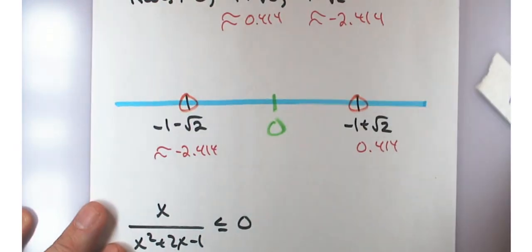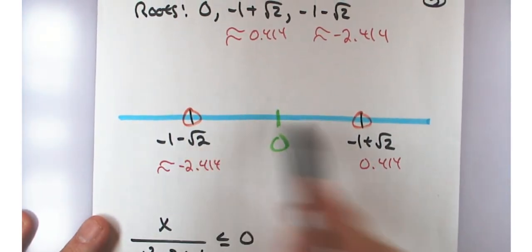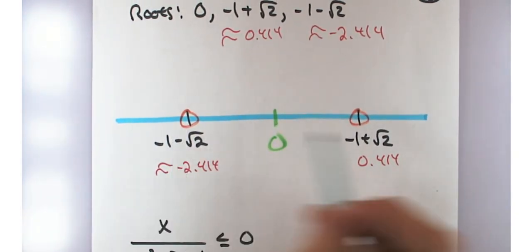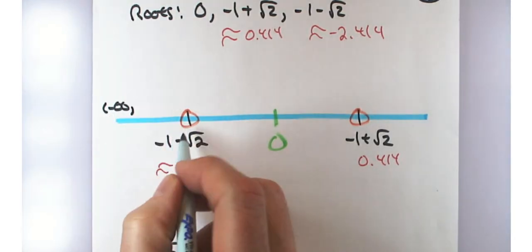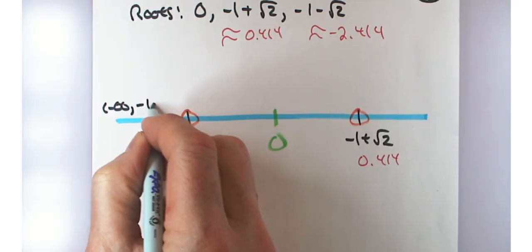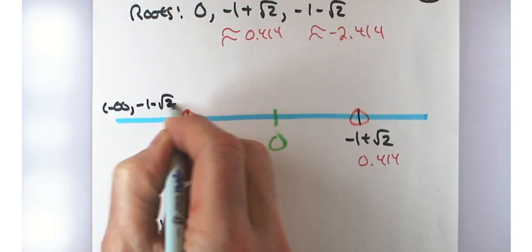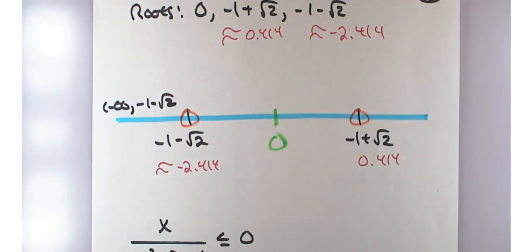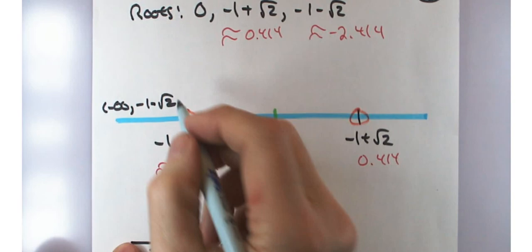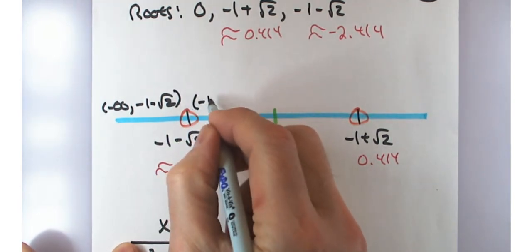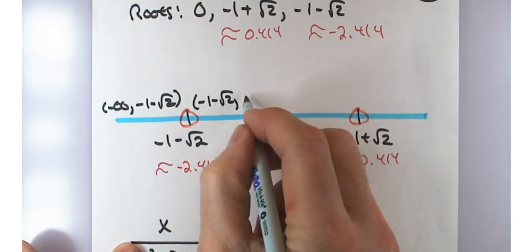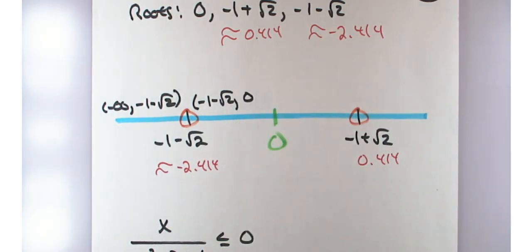Okay, so the intervals that you should be playing with are created by these points. So I'll start at negative infinity, and it's going to go to negative 1 minus the square root of 2. But is that getting a bracket or parenthesis there? Jude? Parenthesis. Yeah, we don't want this point because that makes the denominator 0. Likewise, on the other side of it, we still don't want it. Up to 0. Bracket or parenthesis on the 0?